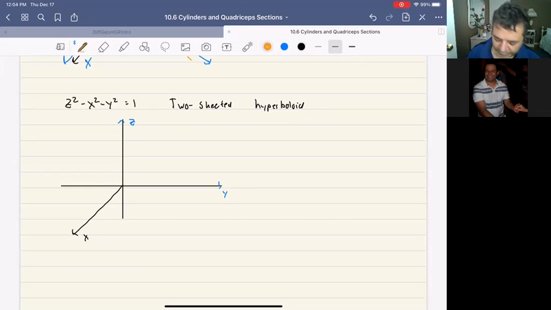Again, it's going to be a rectangle. My fundamental rectangle for the hyperboloid is going to be 1. But this time, it's actually going to be a different hyperbola. Because if I look, for example, at z squared minus y squared equals 1, that's actually going to start up here.